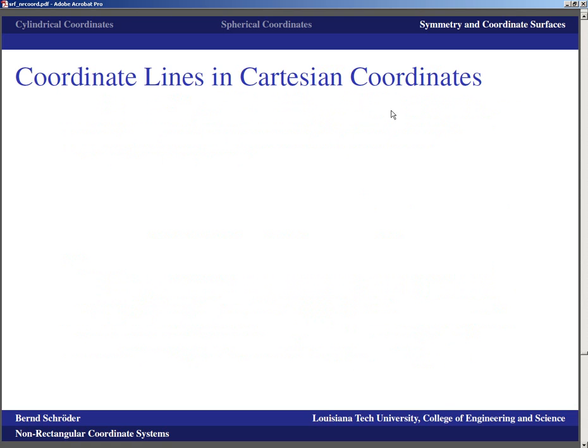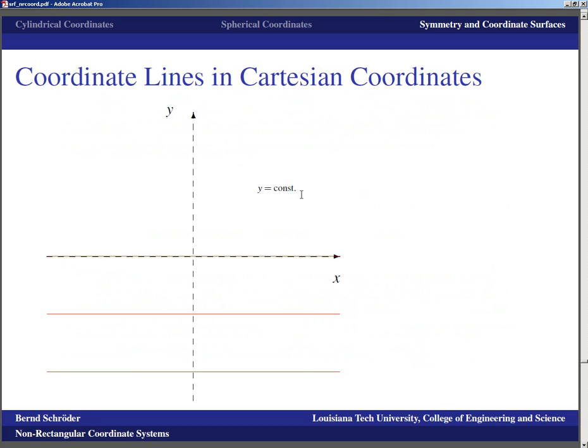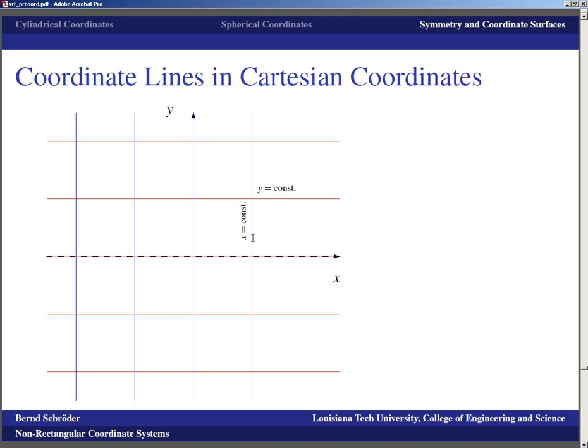Let's remind ourselves of the 2-dimensional situation, coordinate lines in Cartesian coordinates. Here's a Cartesian coordinate system. The coordinate lines are obtained by holding y equals constant, and they are horizontal lines, and by holding x equals constant, which gives us vertical lines. That means straight objects are very much compatible with Cartesian coordinates, and that's what we know, right?